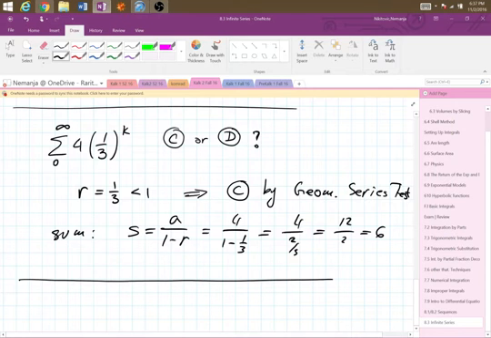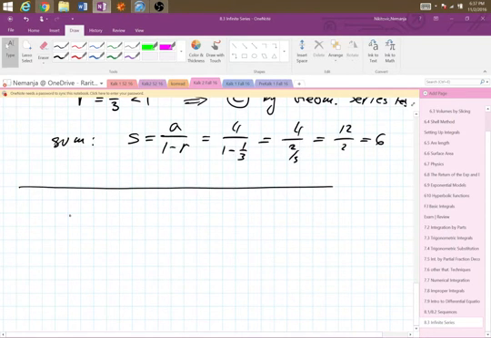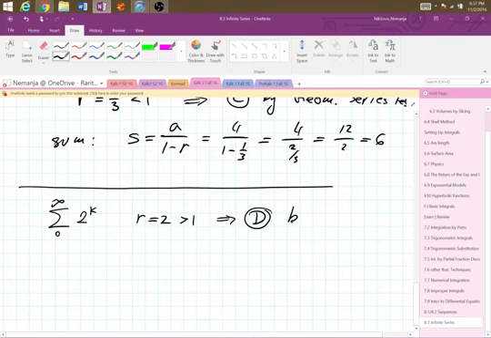Let's take a look at the summation of 2 to the k from 0 to infinity. Converge or diverge? Diverge. R is equal to 2, which is larger than 1, implies diverges by geometric series test.